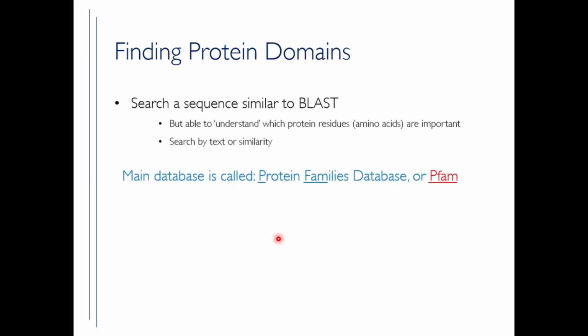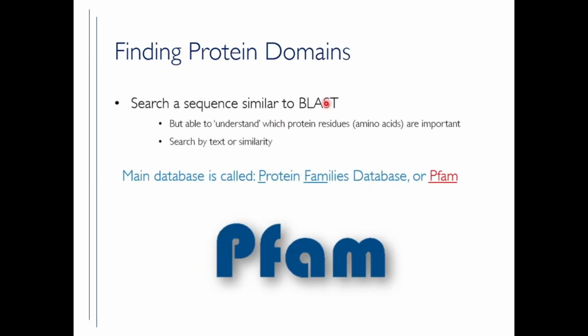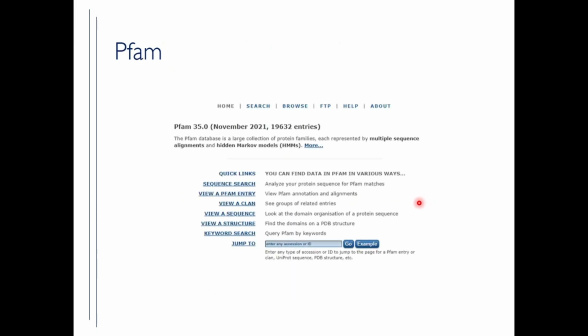So, how do we find protein domains? Well, we use a similar search to a BLAST search, where you can search by text or similarity. Generally, we'll search by similarity. But the domain database we use is something called the Protein Families Database, or PFAM, and it actually looks like this.